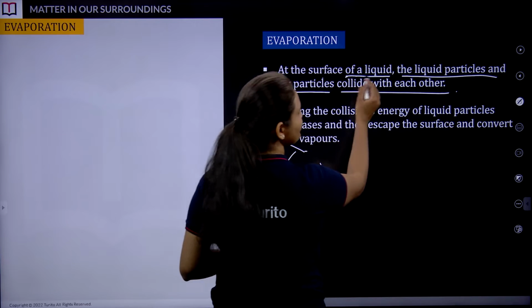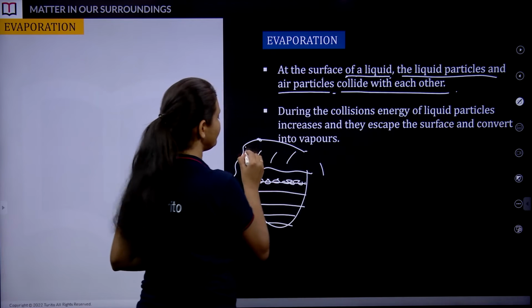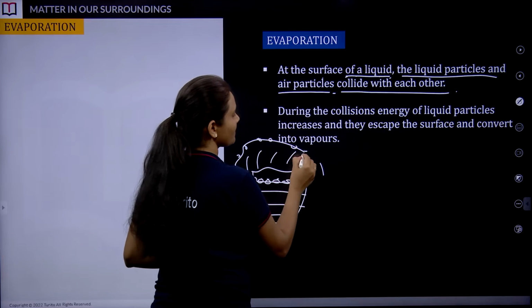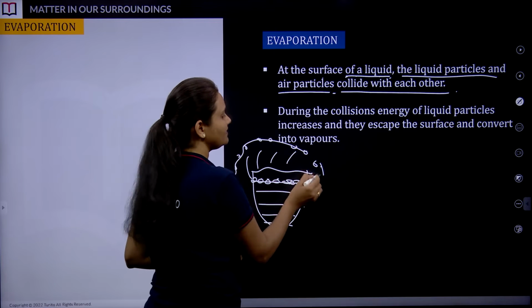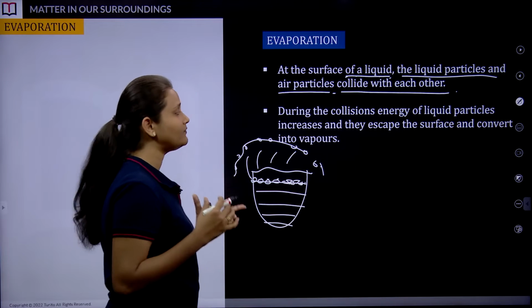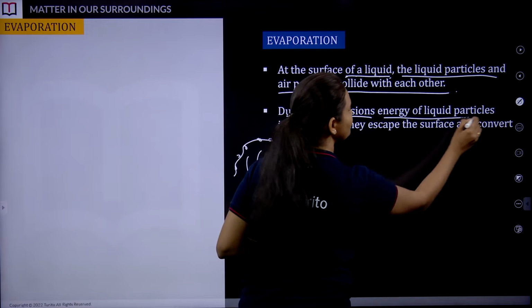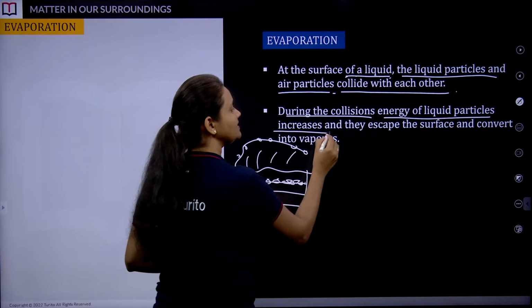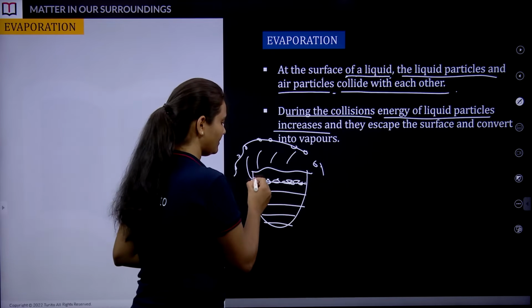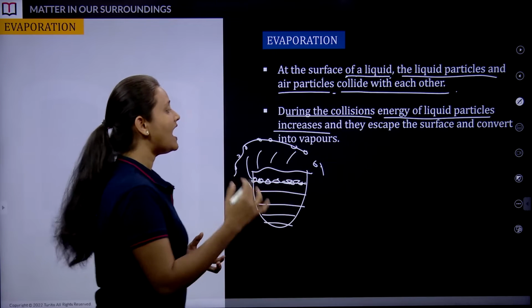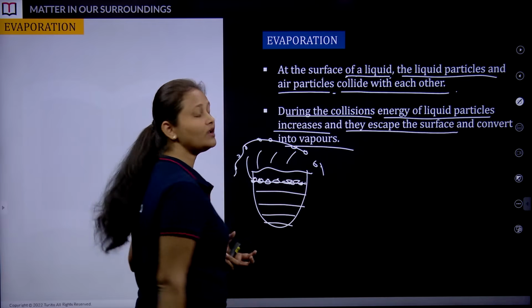So at the surface of the liquid, the liquid particles and air particles collide with each other. Definitely there is some air, and this is nothing but water molecules. These are air molecules, they are going to collide with each other. Now what happens here? During the collisions, the energy of the liquid particles increases, and they escape from the surface and convert themselves into what?